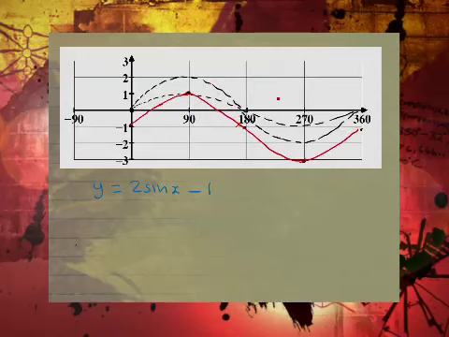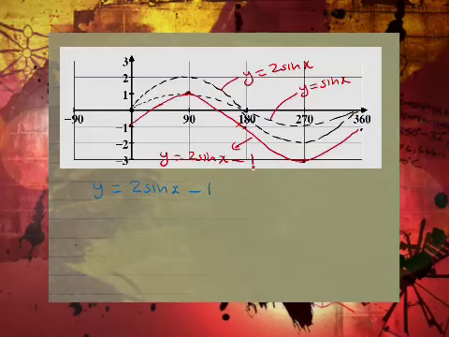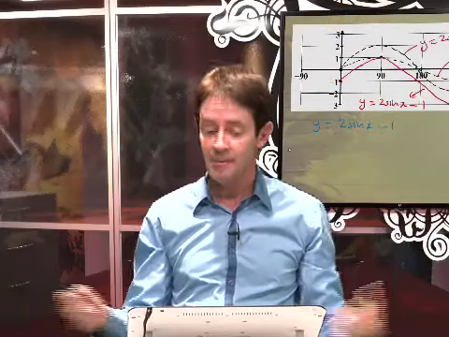So this little graph that we started off with is y equals sine x. That's your basic graph. Then we got this big stretchy one here, which was 2 sine x. And then this red guy is 2 sine x dropped by 1. Do you see? So those are quite the mixed shifts that can happen sometimes.